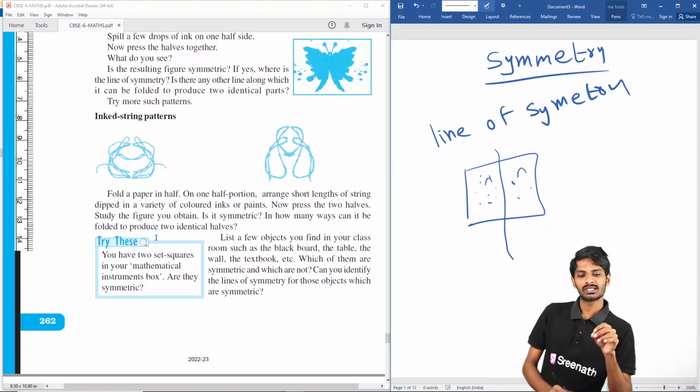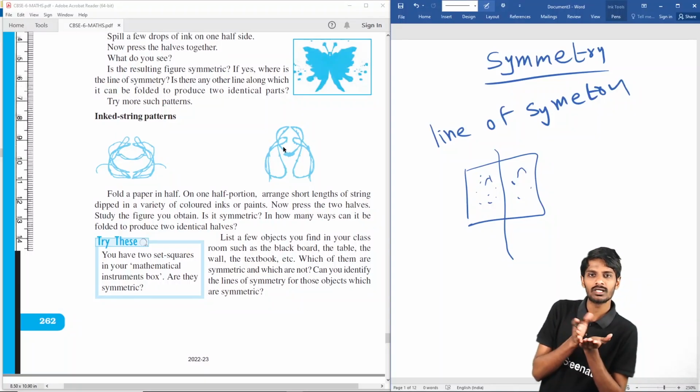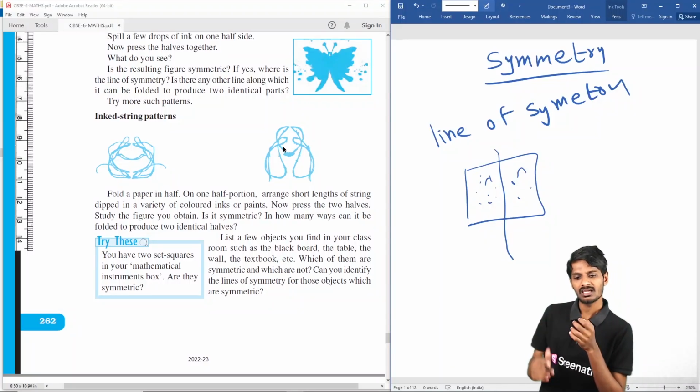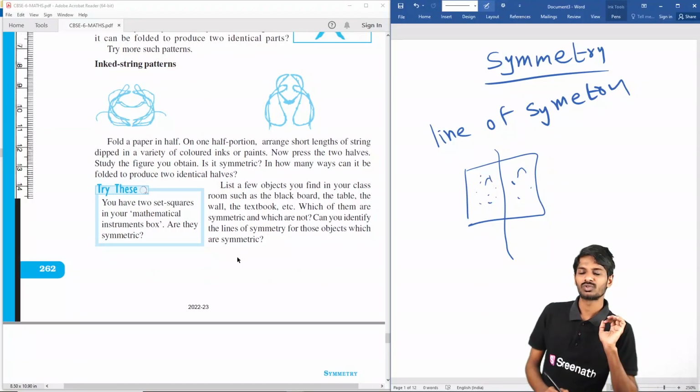Those must be dipped in colored ink, then press them and open them. By opening, you will get this type of image, and again along the folding line, along the axis of folding, you will see the symmetry. Friends, this is the beauty of symmetry.